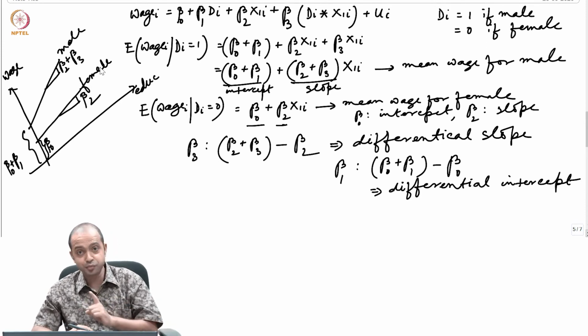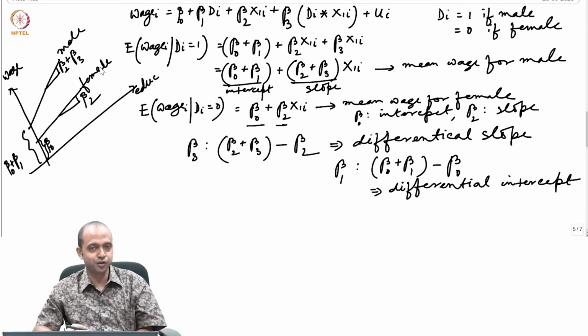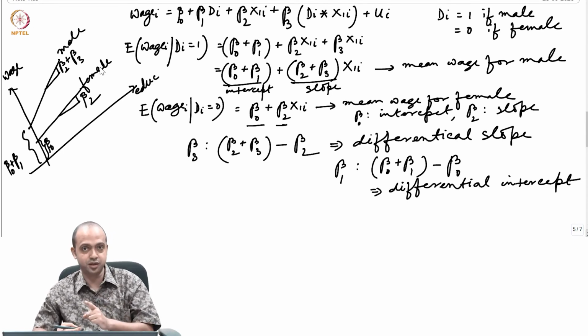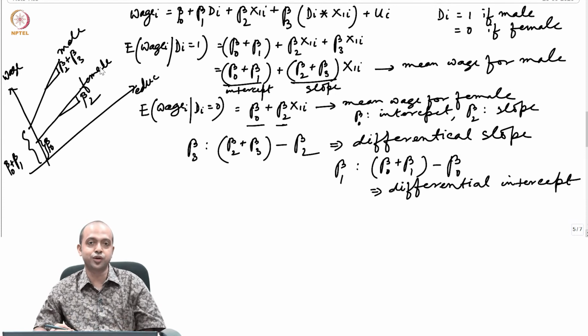One thing you have to keep in mind is that both male and female workers will get an increment. It is not that for extra education females are not getting an increment; both of them are getting an increment. But what I am saying here is that the male labor force gets more increment compared to their female counterparts for every additional unit of extra education.